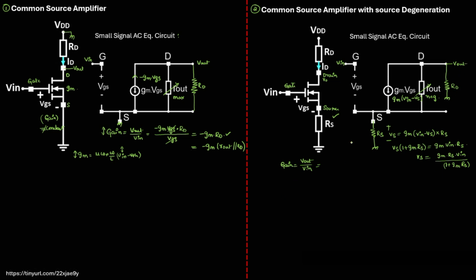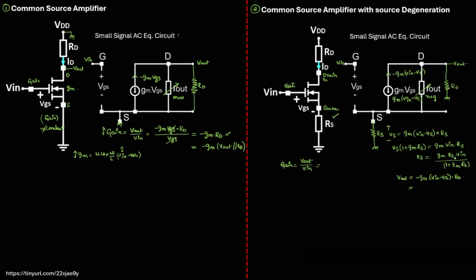Now if you calculate V output, it is minus of GM times V input minus VS, conducted into RD.